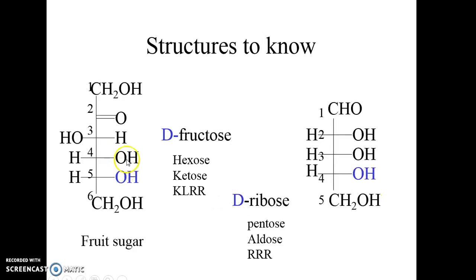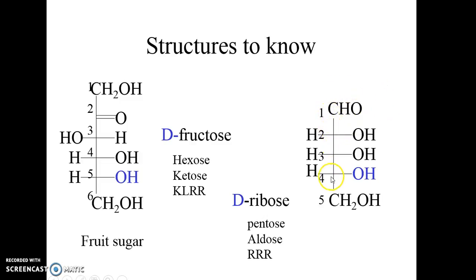If I look at fructose, fructose is a ketose, and it is 1, 2, 3, 4, 5, 6 carbons, one up from the bottom. You have the hydroxyl on the right, so this is D-fructose. If I look at D-ribose, you will see that ribose is a pentose and it's an aldose.